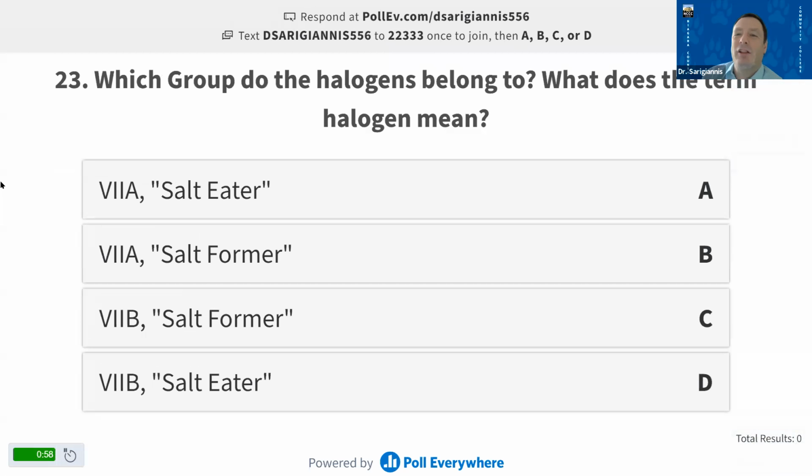Finally, what group do the halogens belong to? And what does the term halogen mean? The halogens. We just saw the group on the periodic table. It's in there somewhere.